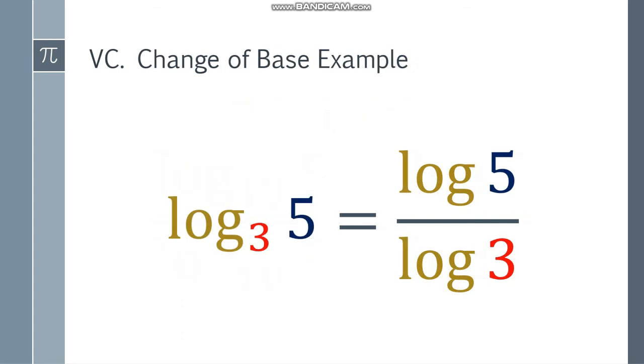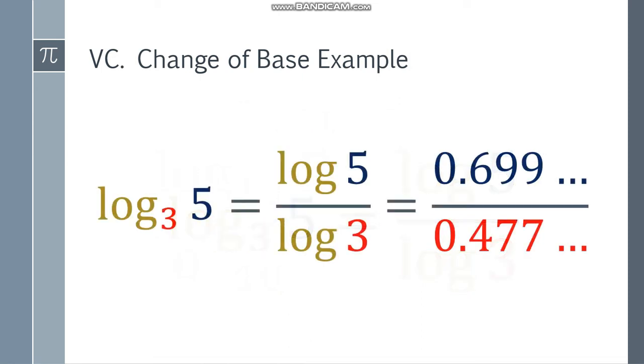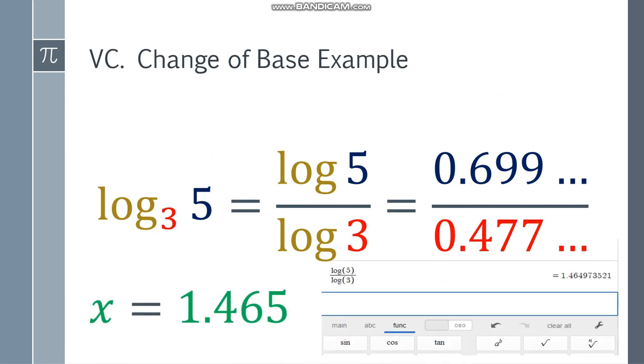So let's go back. How are we going to know the answer to this one? You have to use a calculator. So log of 5 is 0.699 dot dot dot. And log 3 is 0.477 dot dot dot. And if you want a more accurate answer, you just have to input it in the calculator directly.